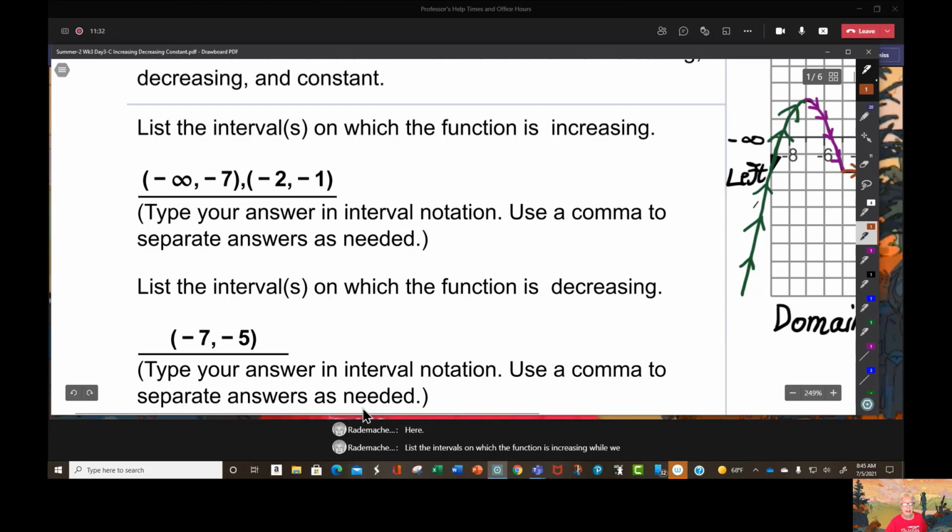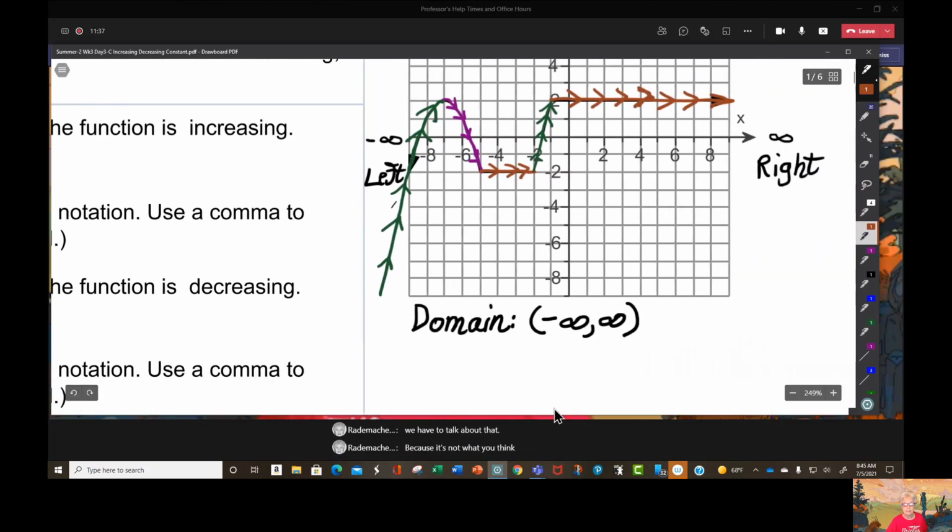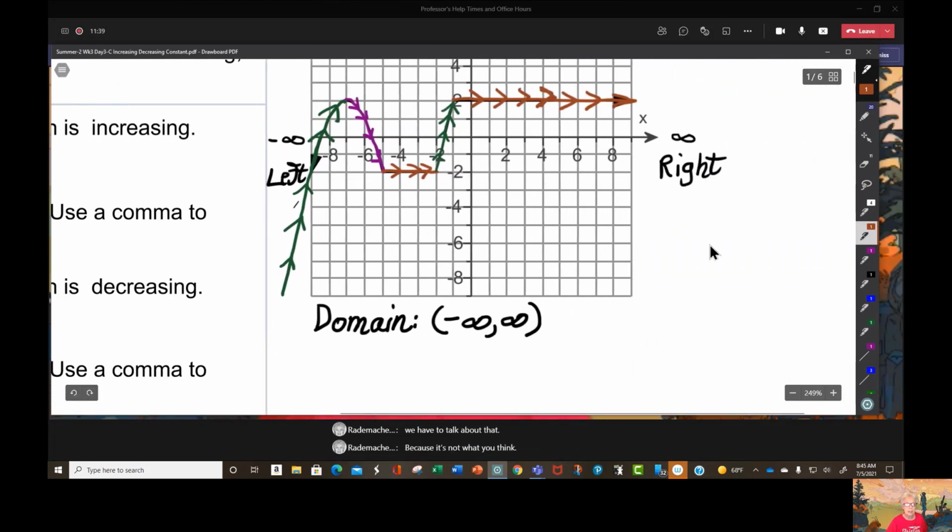Well, we have to talk about that because it's not what you think. Yes, the graph is going up and down and flat. Up and down and flat, up, flat. But for me to tell you where that's happening, I have to tell you where on the x-axis that's happening.